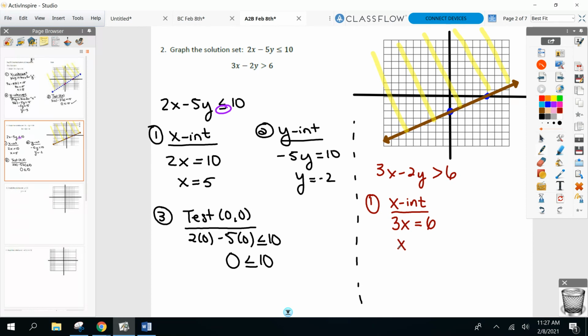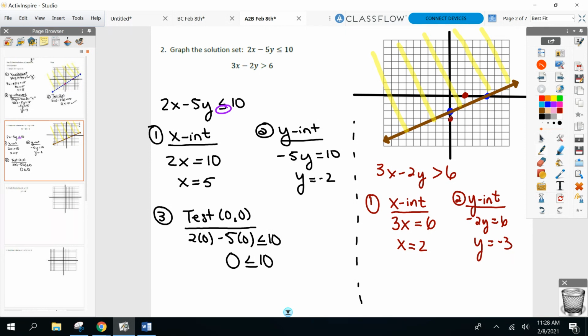X equals 2. For Y-intercept, negative 2y equals 6. Y equals negative 3 on the y-axis.